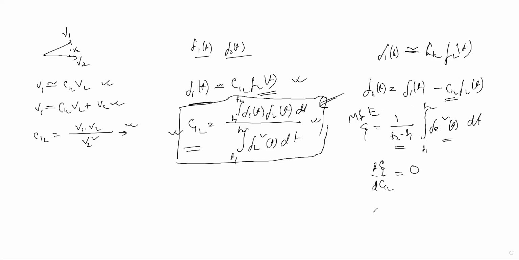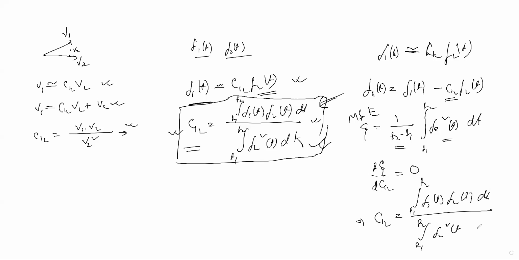After equating with 0, we find the C12 value as this equation: integration from T1 to T2 of f1(t) f2(t) dt divided by integration from T1 to T2 of f2 square (t) dt. I gave this whole derivation yesterday.